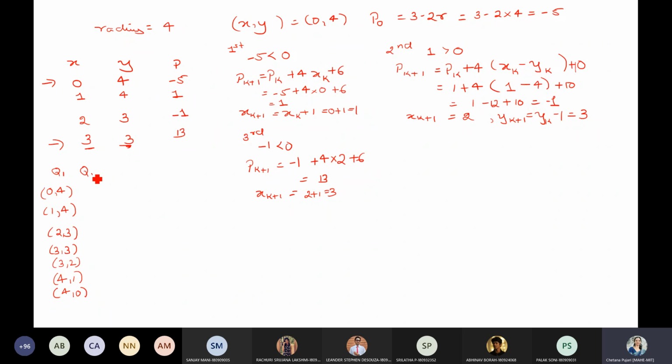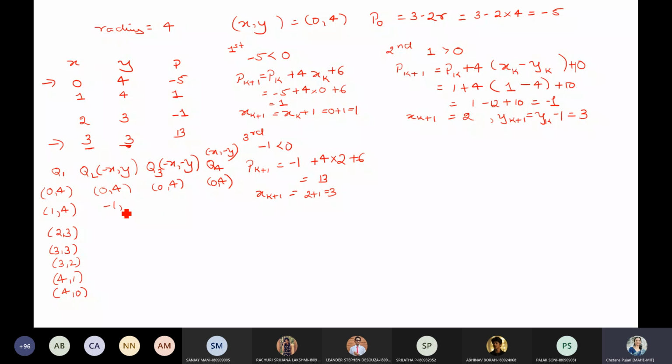Similarly, go for Q2. Q2 is minus x, y. Then you can similarly write for Q3, which is minus x, minus y. Then go for Q4, which is x, comma, minus y. Just rewrite it. This 0, 4 will remain the same, because that's our first point.